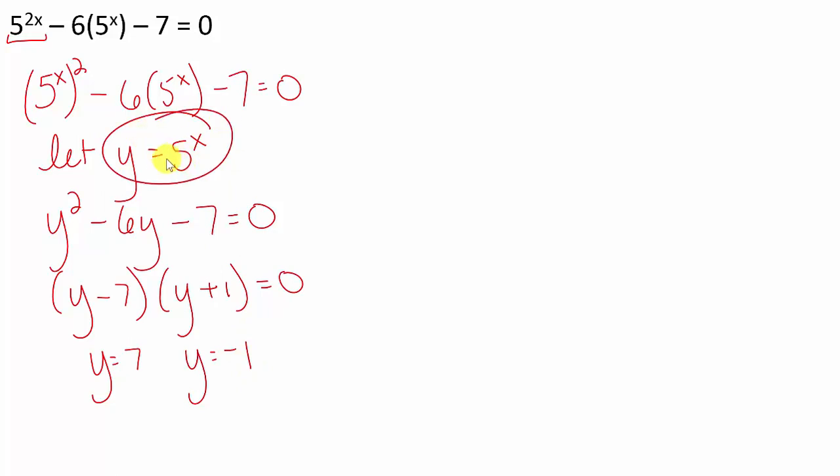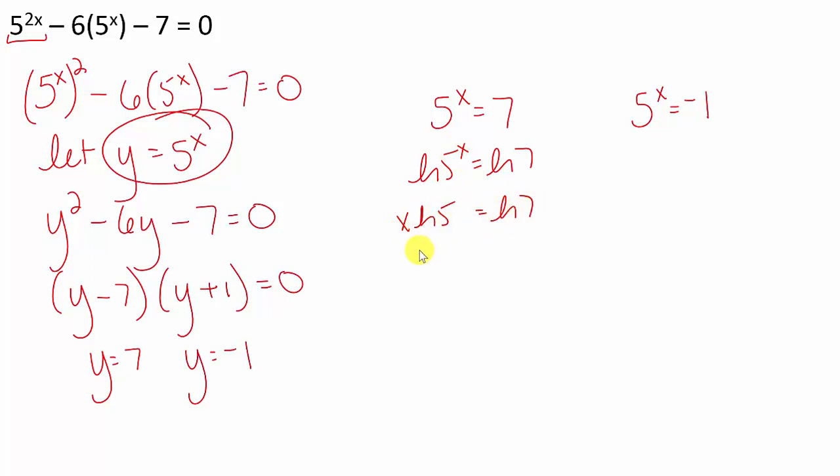Don't forget to go back and use this to solve for x. So I'm going to have 5 to the power of x equals 7 and 5 to the power of x equals negative 1. And so here I'm doing the same thing you've seen me do a lot now. I'm going to take this x to the front and I'm going to divide by natural log of 5 to get x by itself, which gives me x equals 1.21.